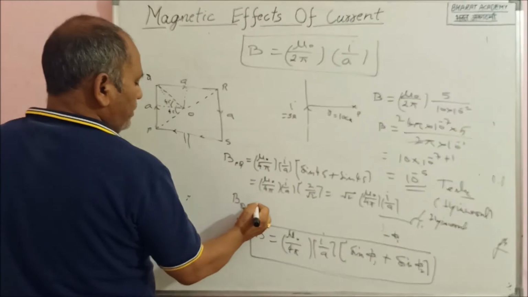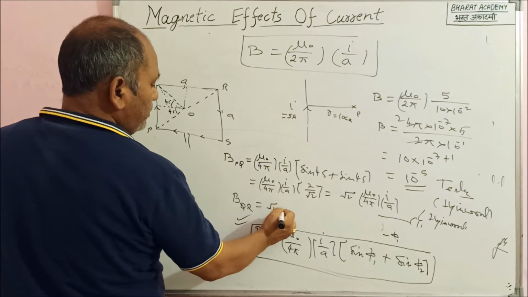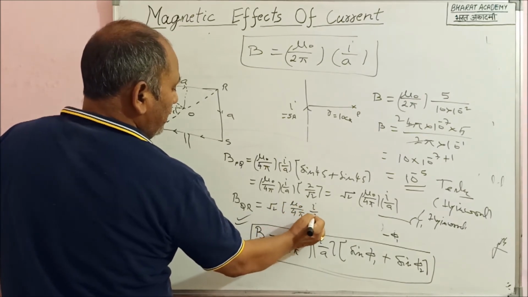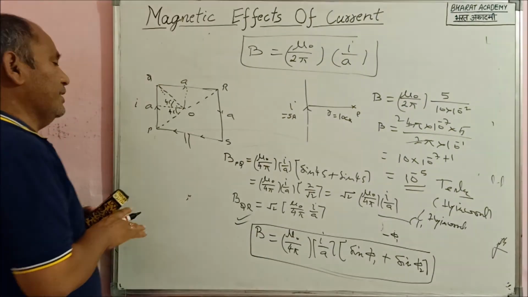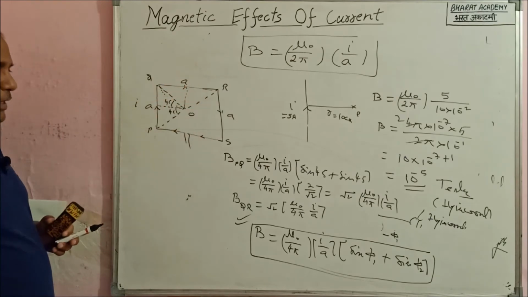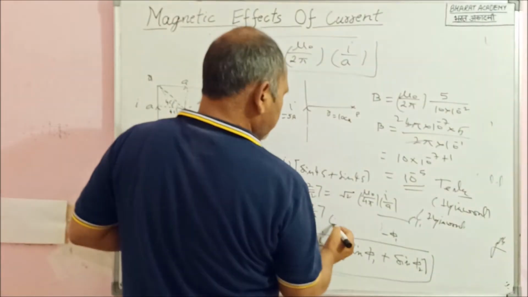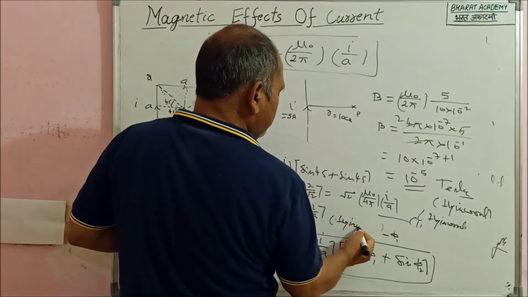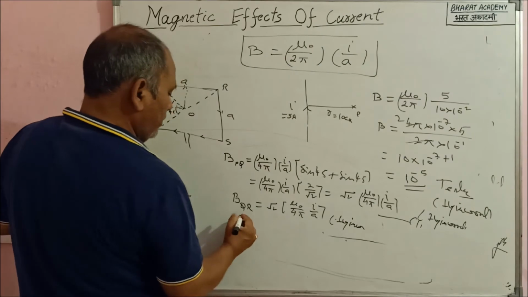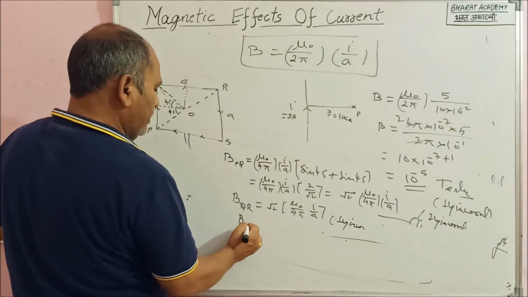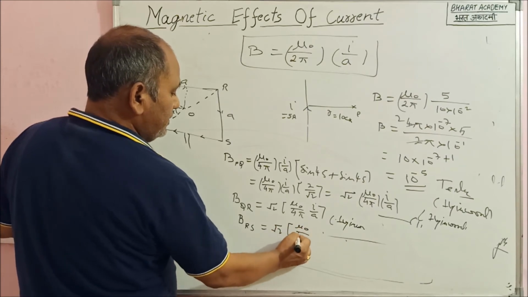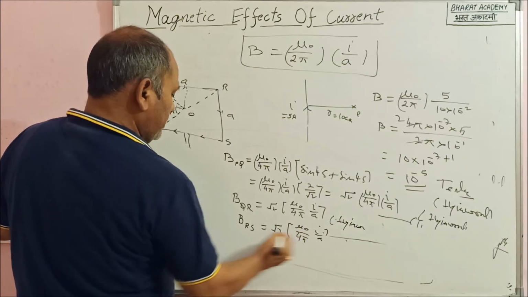B QR will come out to the same value, root 2 times mu 0 by 4 pi I by A. What about the direction again? Check it out. It is again perpendicularly inward. So if you calculate all 4 values, you will find the direction of the magnetic field is always perpendicularly inward in all 4 cases.